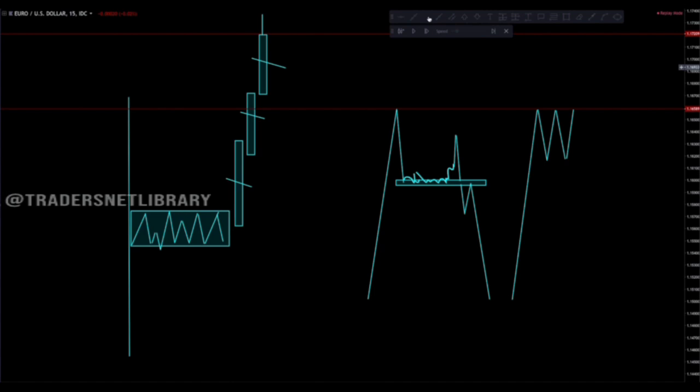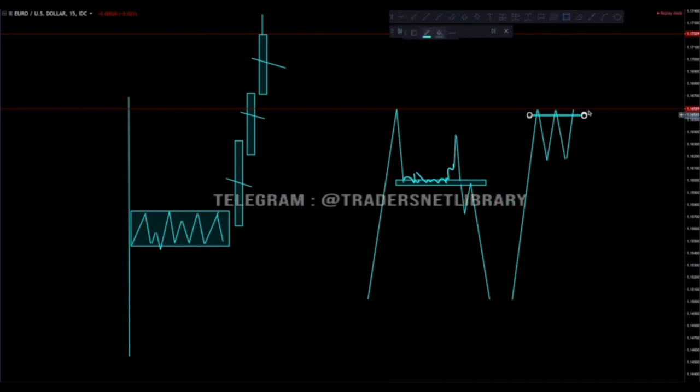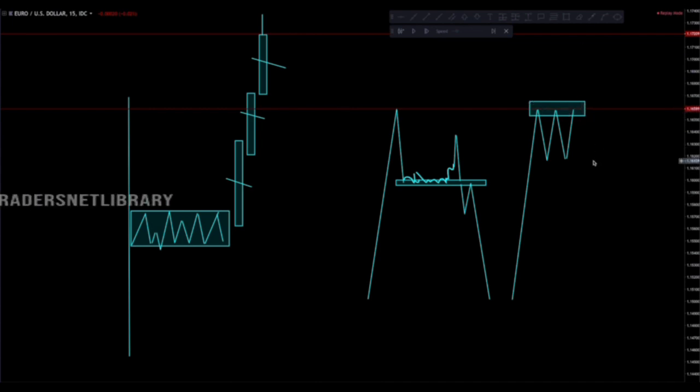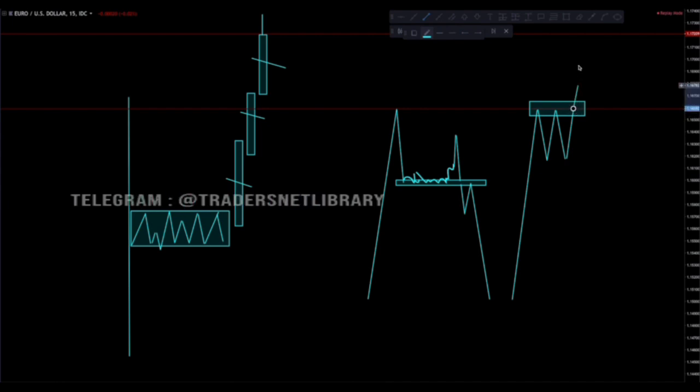And the normal retail trader is focusing on what? On the breakout, because that's what he read on Baby Pips. If price breaks out, it's a buy. So this is the pattern. It breaks out.